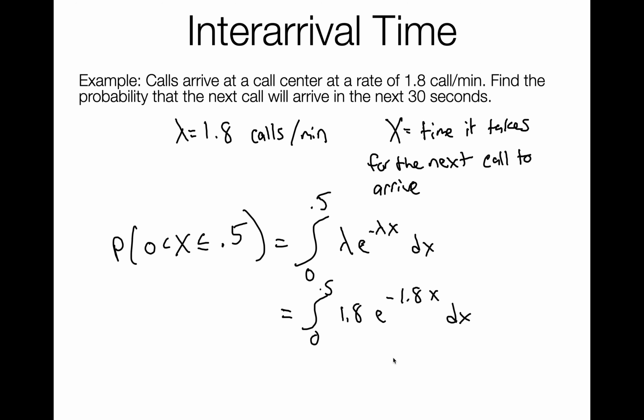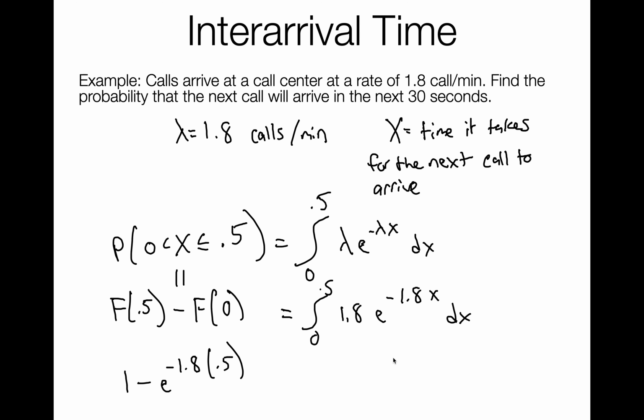The rule is that this probability can also be written as the CDF evaluated at 0.5 minus the CDF evaluated at 0. That's much easier because we just substitute 0.5 and 0 into the CDF to get our answer.